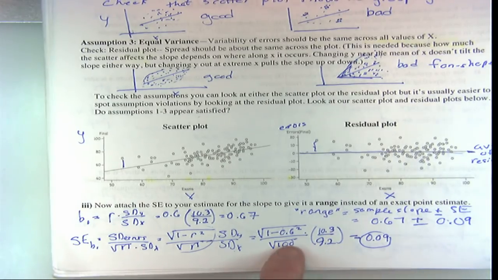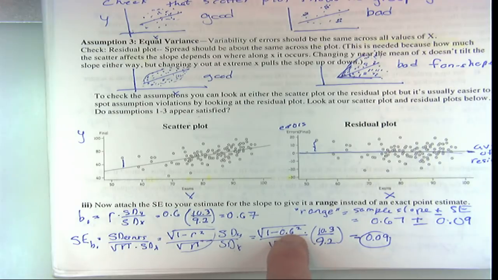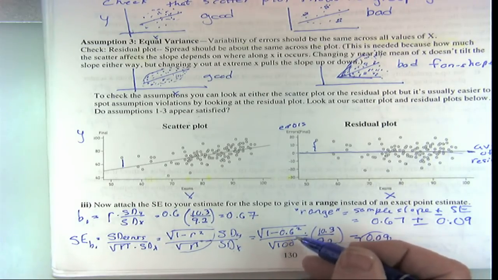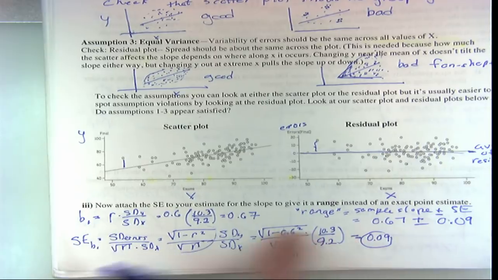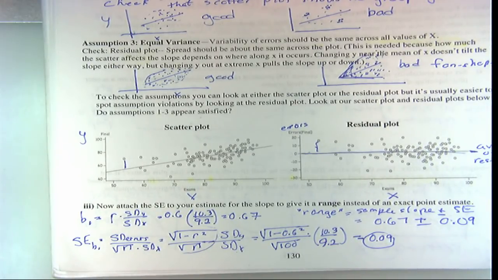And this is nice to look at here, because think about it. When you have a perfect correlation, you have 1 minus 1, you have 0. 0 standard error. That's like what we saw. If all the points form a line, you have 0.